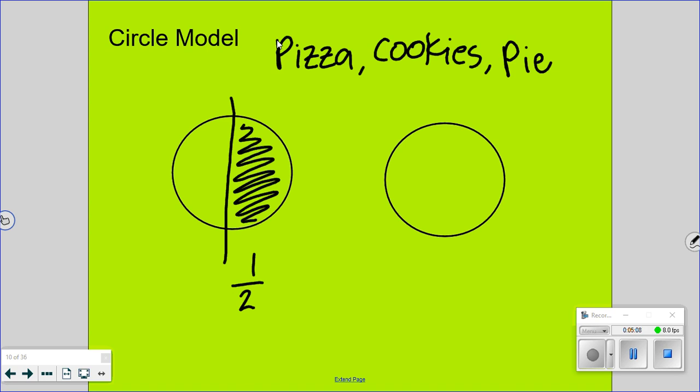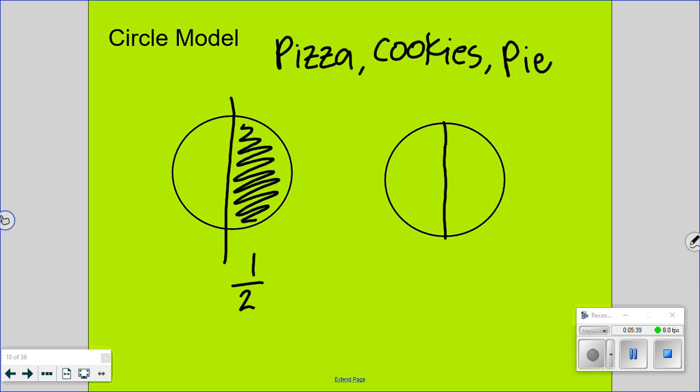Now, where circle models are a bummer is sometimes it's hard to draw the sizes equally. Halves are pretty easy. Fourths are pretty easy. But anything beyond that, it's really weird to draw. Eighths could be easy, but I'm not a big fan of circle models because a lot of you don't draw them well. This is what I see a lot.